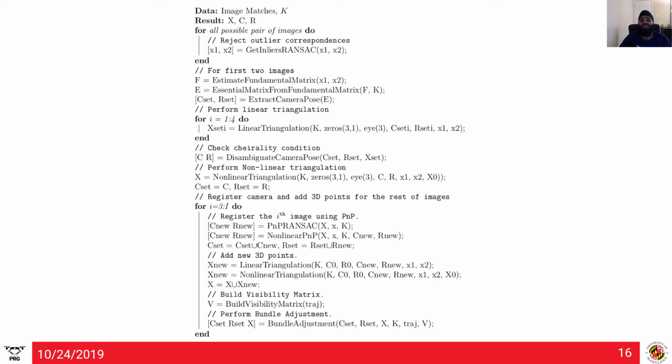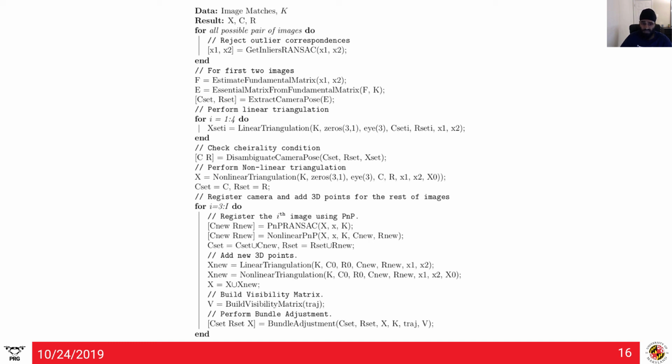Then we estimated the essential matrix from the fundamental matrix using the calibration matrix, right? And then we estimated camera pose from my essential matrix, right? Then I did linear triangulation given my camera poses. So I checked for the chirality condition, and I disambiguated the bad poses. So I have now C, R, right? Then I did my non-linear triangulation to get the 3D world points refined, right?